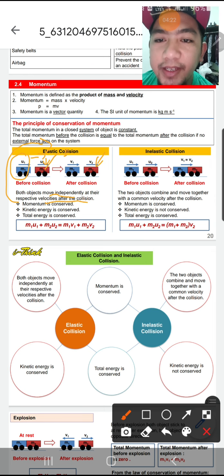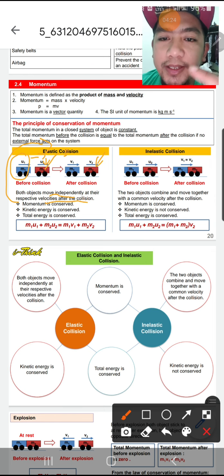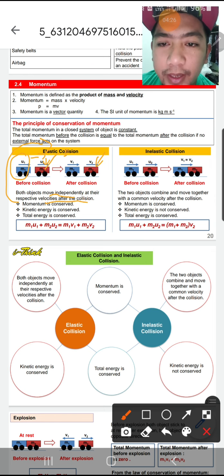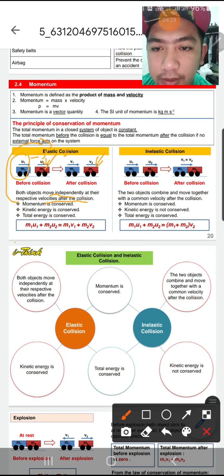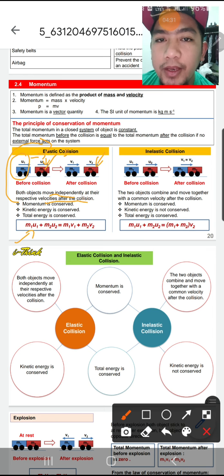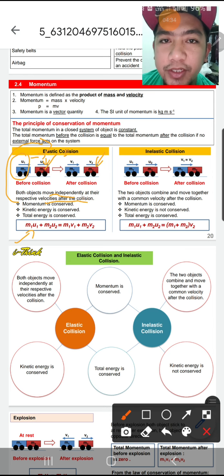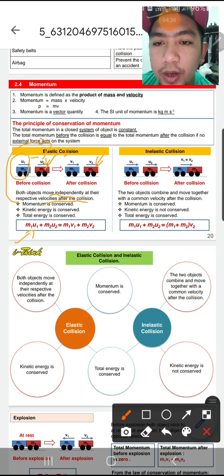The kinetic energy is conserved and the total energy is conserved, and we can use this formula when there are calculation questions. m1 u1, mass times initial velocity, refers to the blue car, and m2 u2 refers to the red car.